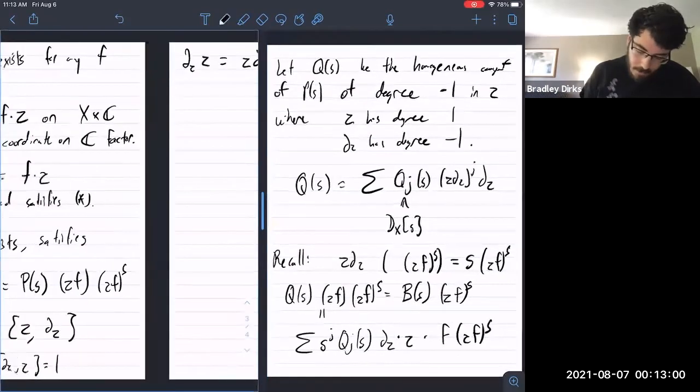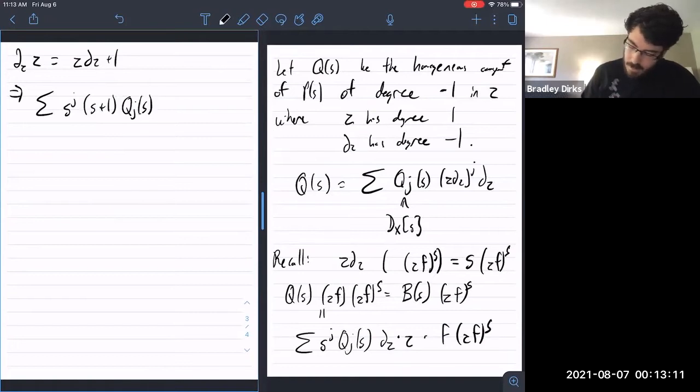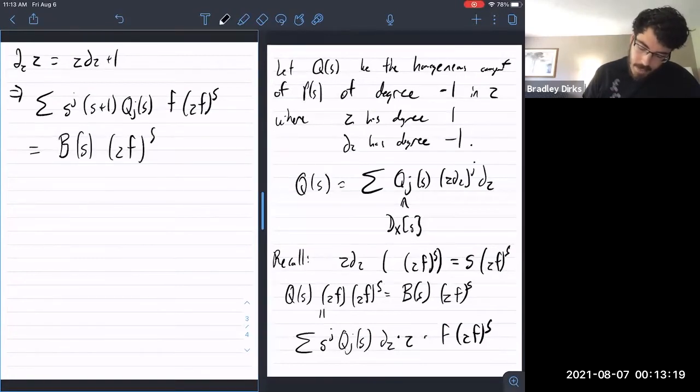And so we get an equality: the sum of s to the j, (s plus 1), Q_j(s) times f times z f to the s is just equal to b times z f to the s. And we have an isomorphism of D modules, or really of D_X[s] modules.